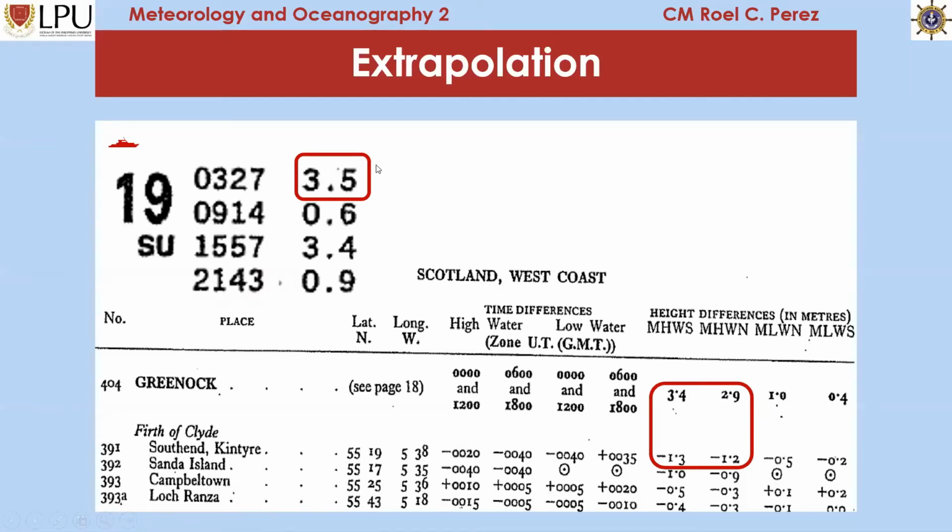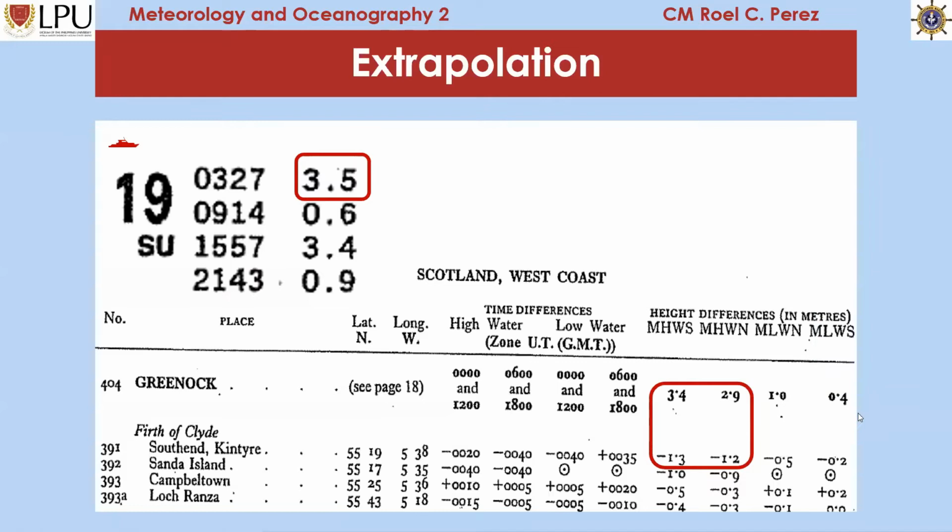So if you are going to interpolate for the standard port, this is Greenock in April 19. You can find this in your tables. If you are going to interpolate this, you cannot put it in the middle or in between, because interpolation is inter, meaning within the selection. So what will you do?